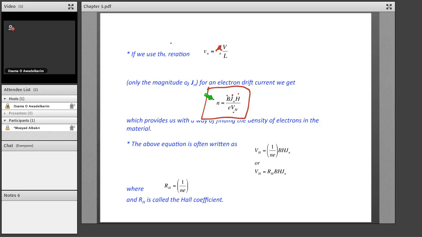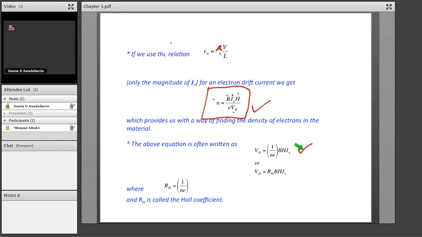So again, a Hall effect experiment can help us determine the density of carriers in a semiconductor, which is very, very useful. Okay, so writing the above equations, you can always change this formula and extract a relation for VH.